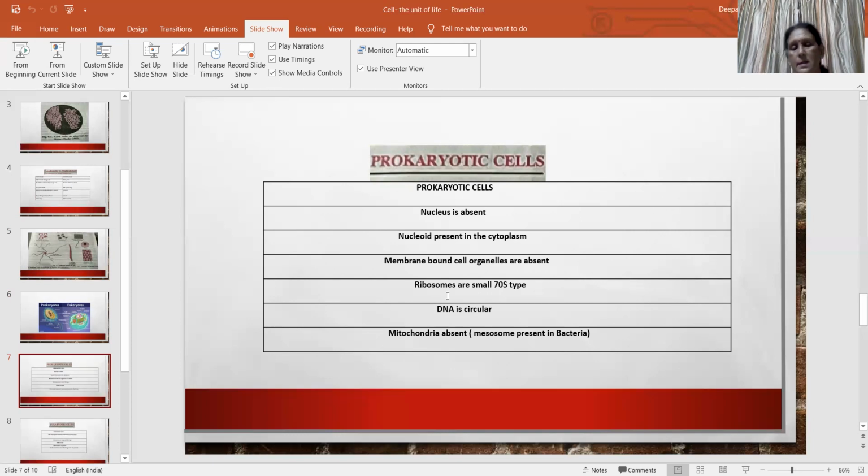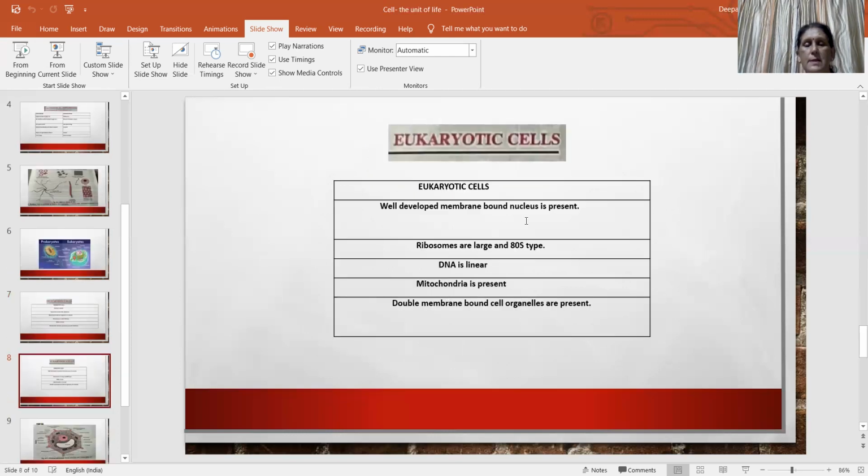S means the sedimentation coefficient. And here the DNA is circular. We know that DNA is called deoxyribonucleic acid. It is the genetic material of prokaryotic cell. So here the DNA is always circular. And here mitochondria is absent. Instead of mitochondria, it contains mesosome in bacteria. So these are the characteristics from which you can distinguish prokaryotic cell from eukaryotic cell.